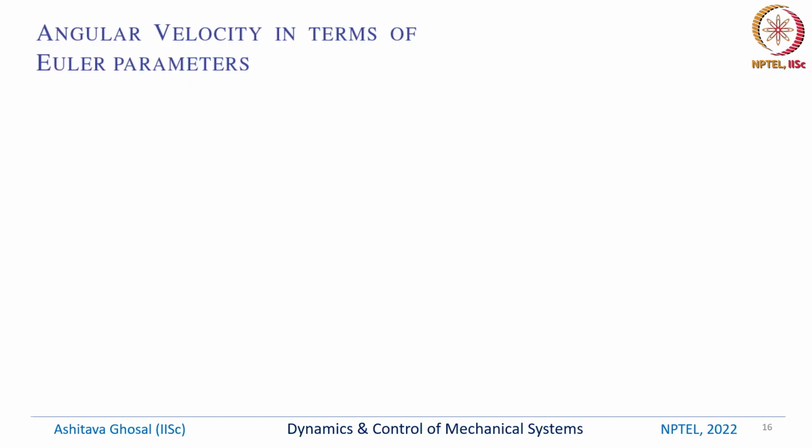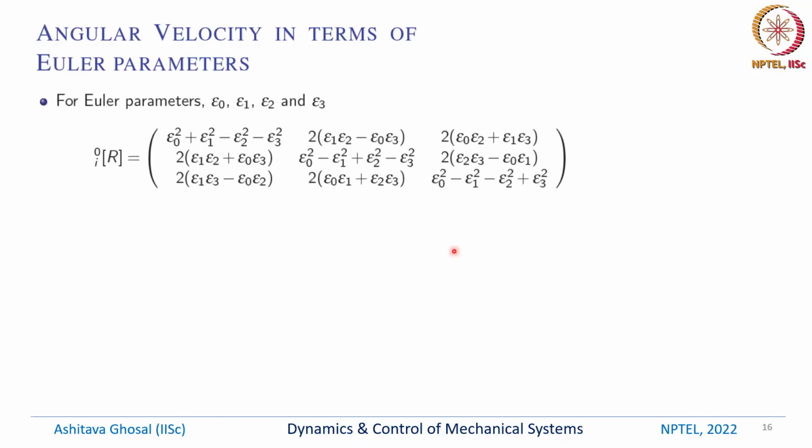So let us see if we can derive the angular velocity in terms of the Euler parameters. It turns out that for Euler parameters epsilon 0, epsilon 1, epsilon 2 and epsilon 3, the rotation matrix is given by this. Again, this was derived. This is just to recapitulate.